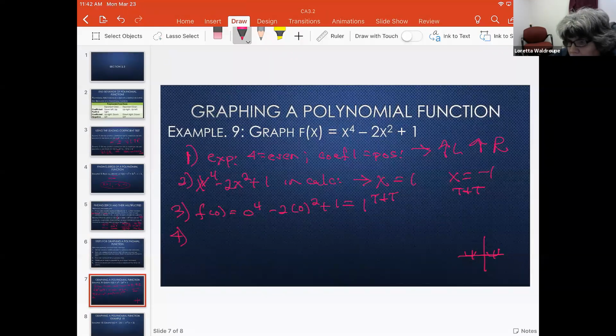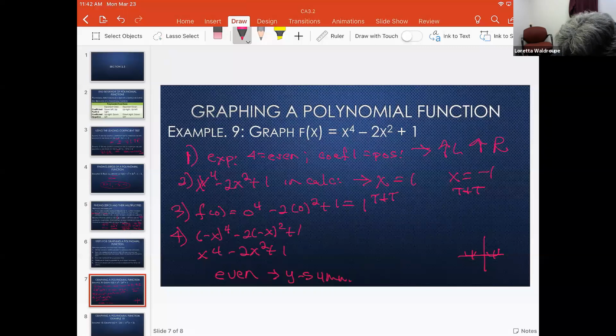How do we know if there's symmetry? I don't know if you guys remember, but we did talk about this in the last chapter. Remember, you replace it with negative x. Since nothing changes, it's an even function, with y symmetry.